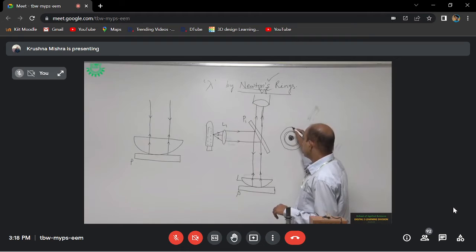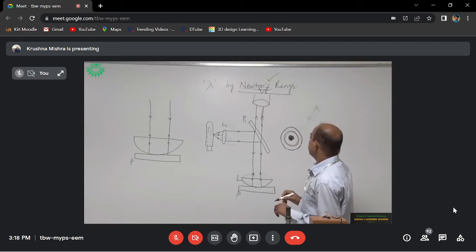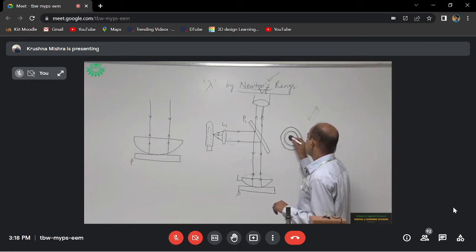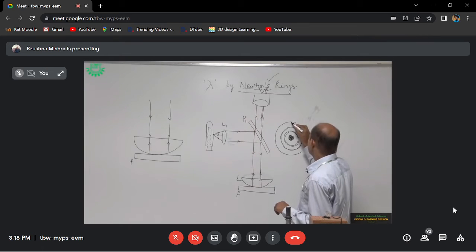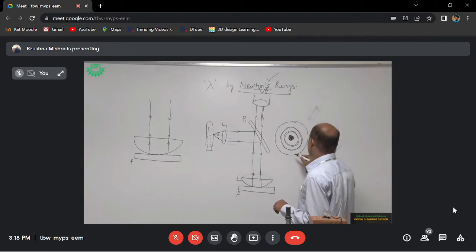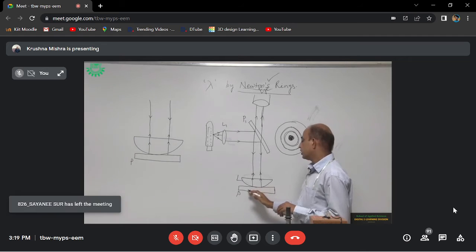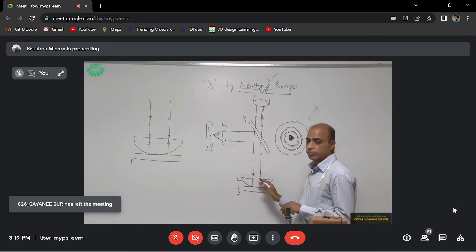So these are all formed with concentric rings having its center, which is a dark spot, and if it comes bright, that is because of the dust particles in between plane glass plate and plano-convex lens.